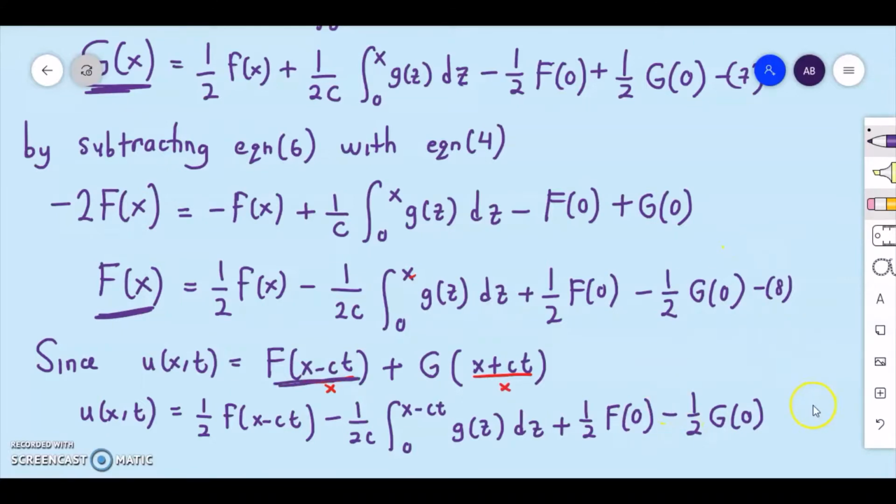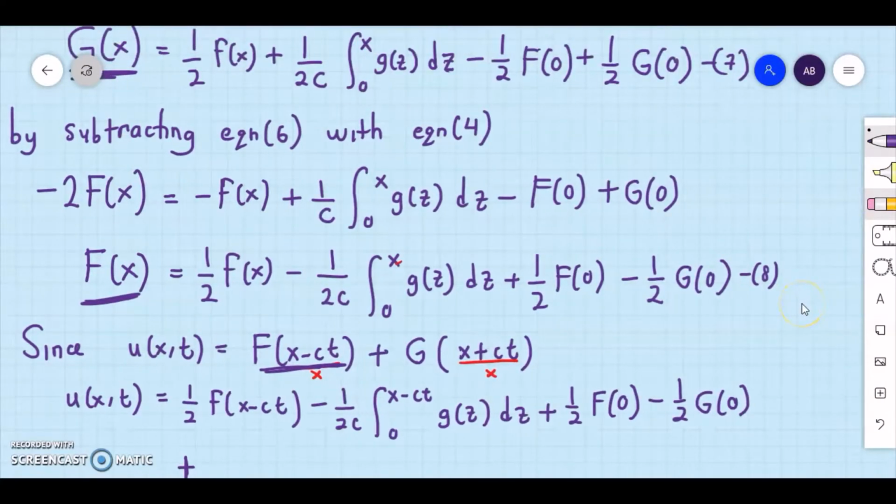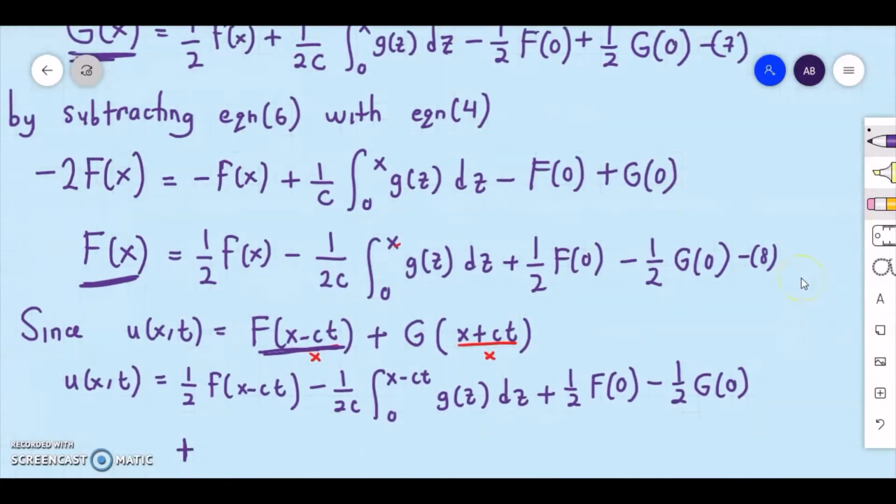Now g is my equation 7, plus, okay, g, which is my equation 7, half f of x, which is, for my x in g now, x plus ct.